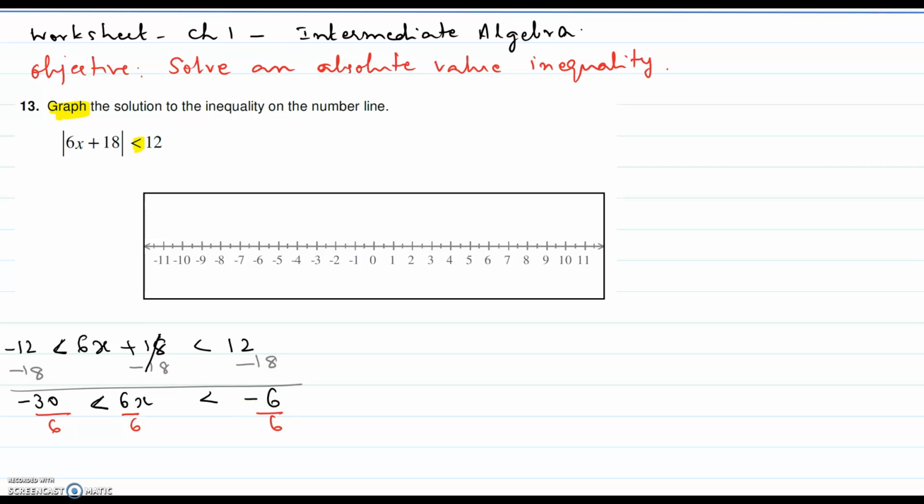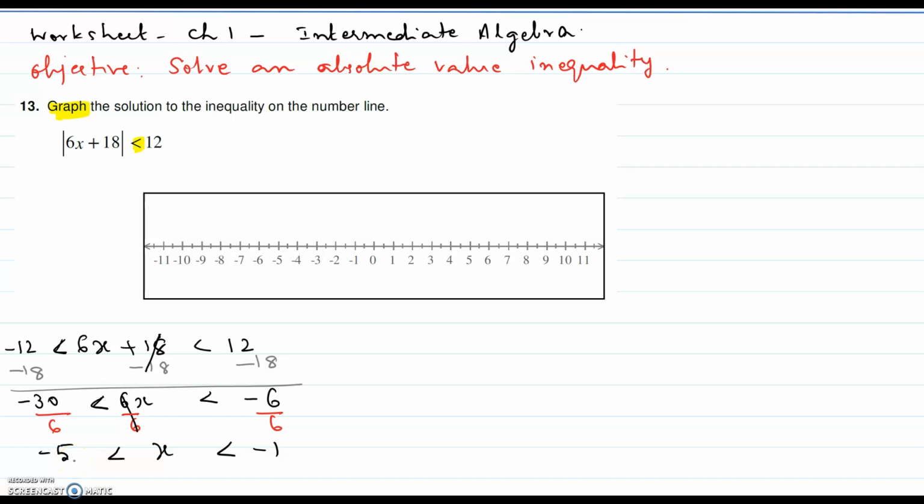So this will give negative 5 less than x less than negative 1. It means that x lies between negative 5 and negative 1, and those values are not included because we don't see the equality sign in this chain inequality.